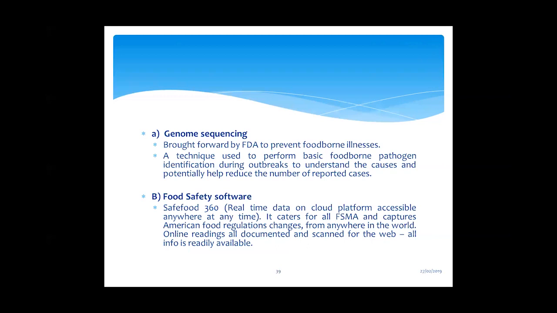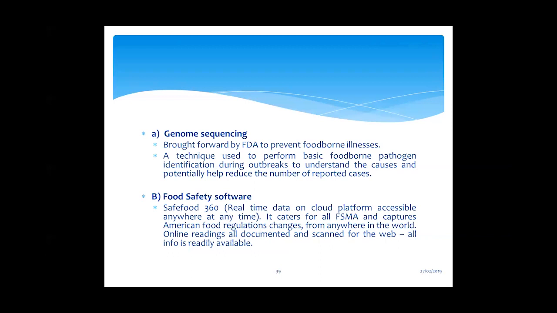These laboratories are also located in Australia as well as in Europe, and they help to collect genomic and geographic data from foodborne pathogens. And this data is stored in a public database.